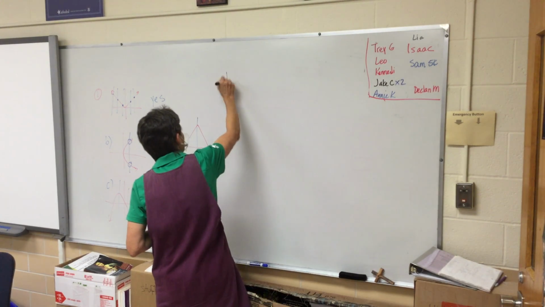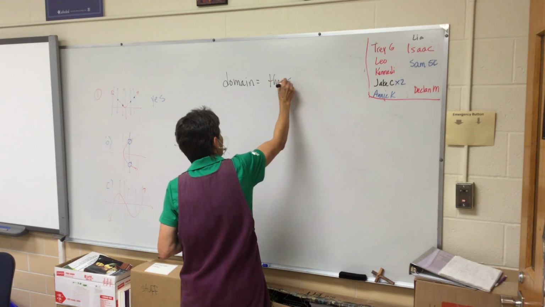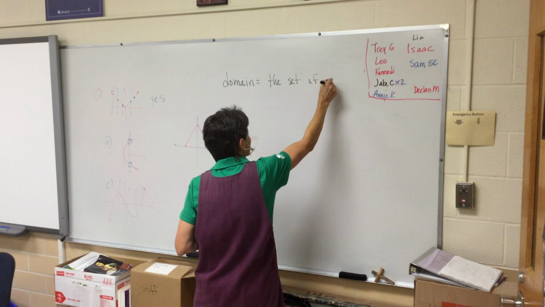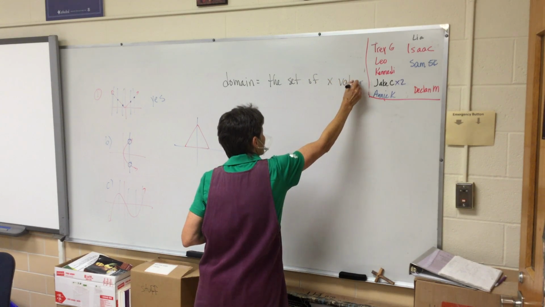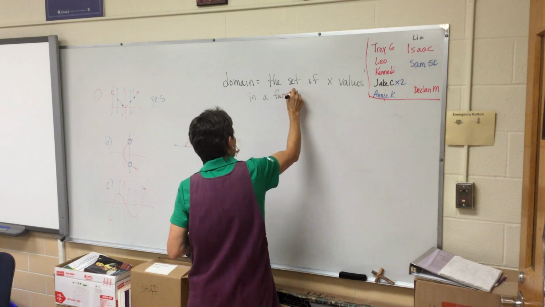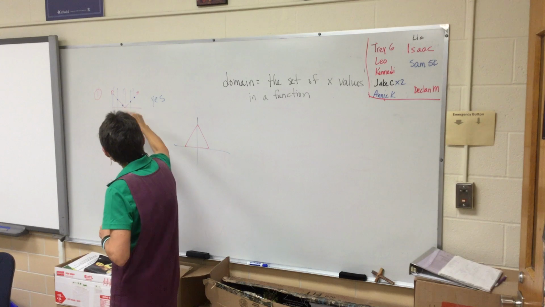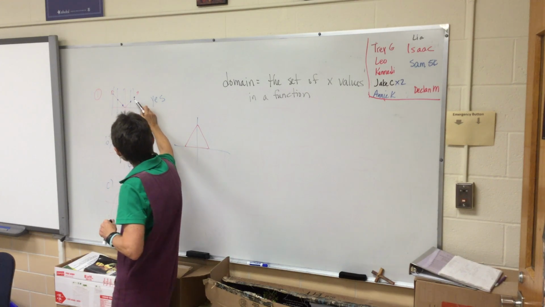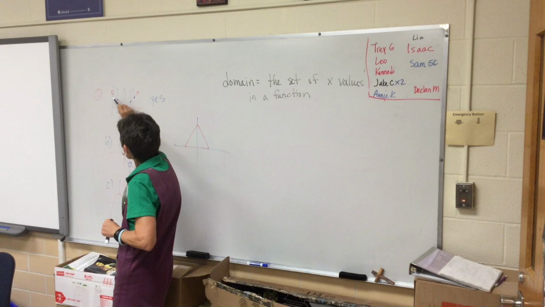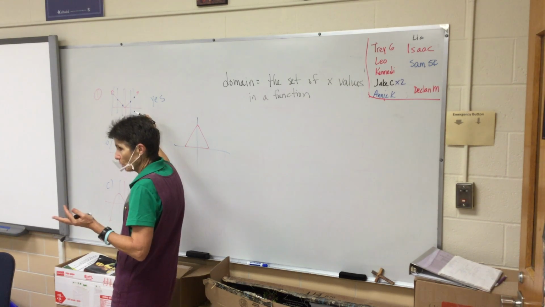So domain is the set of x values in a function. So in other words, if I came over here and looked at this first picture that we looked at, would you agree that each of these are points? All those blue things there are points. They all have x coordinates.